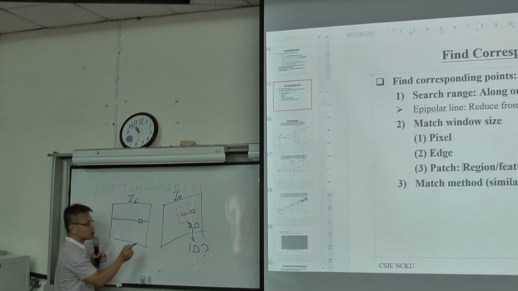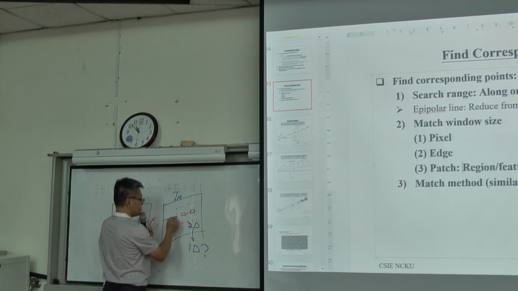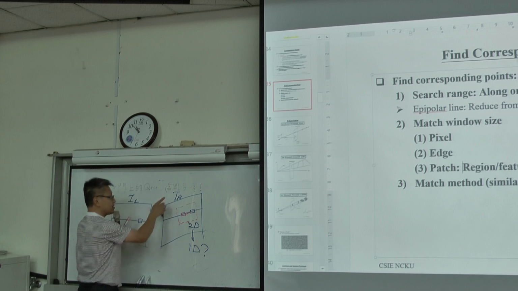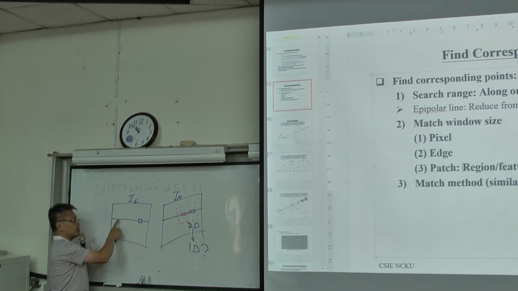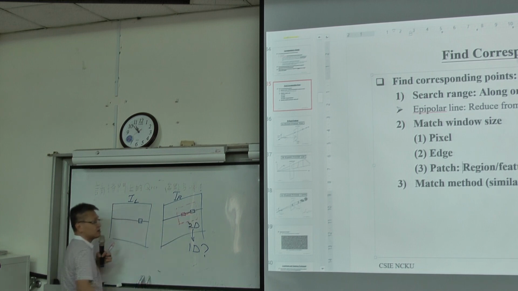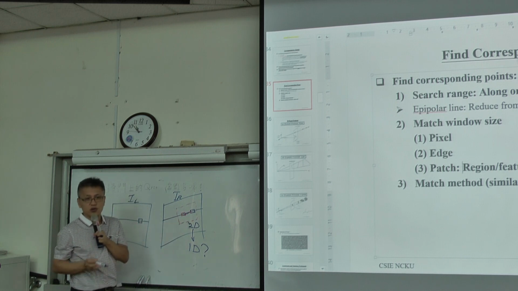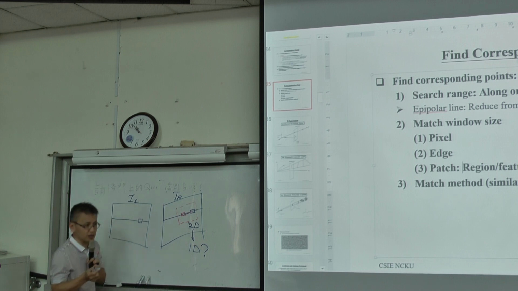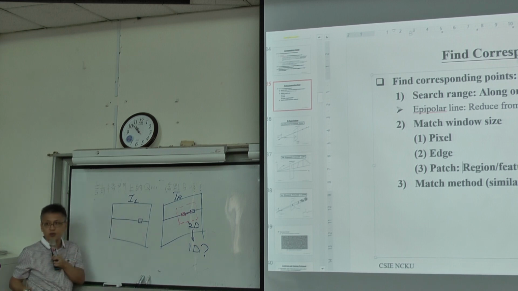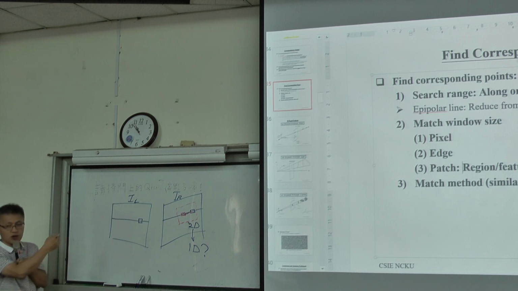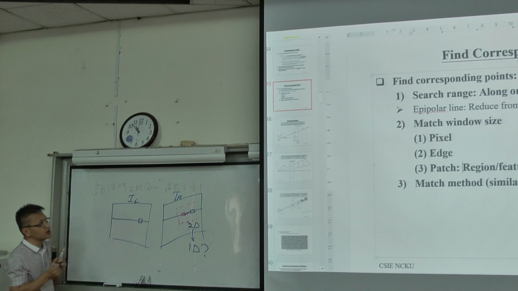Can we find the corresponding line in the other image? If we can find the corresponding line to this one, you just search along this line to find the match point. So you will reduce the search range, the calculation, from 2D to 1D. And OpenCV gives you all the source code for this. This line we call the epipolar line.